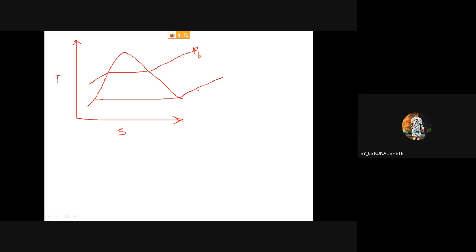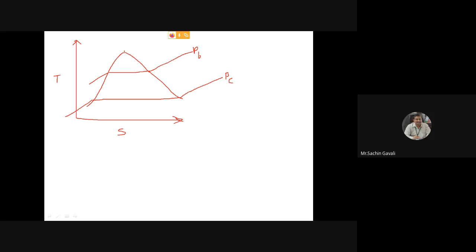Dry and saturated. So we have to define this is our condenser pressure. So where will be our point number one?